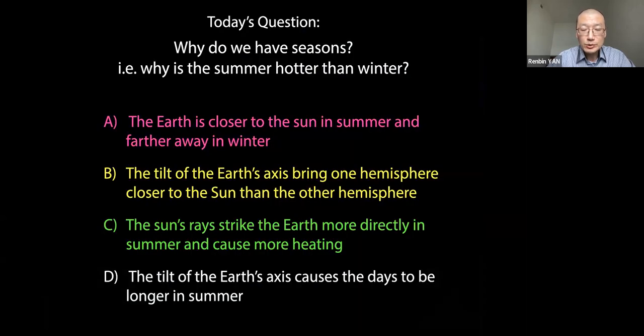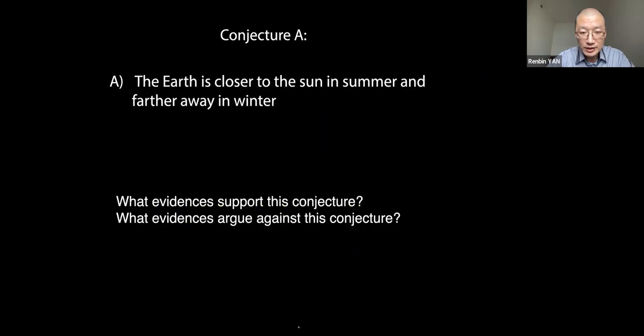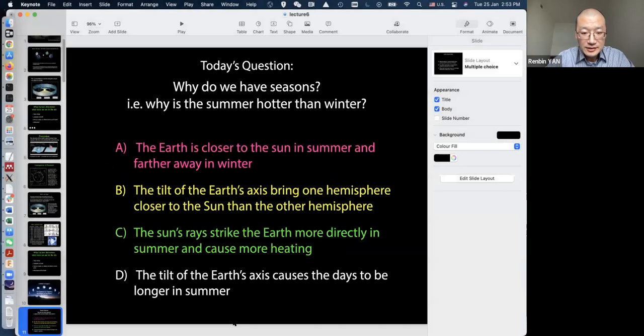First, I want to ask you a question, and I want to make a poll on Zoom so that you can answer the question on Zoom. Please answer the poll.